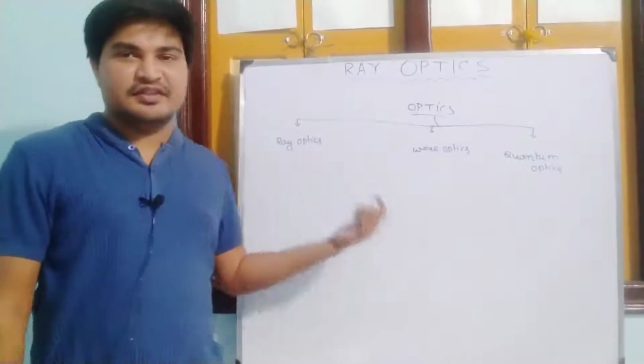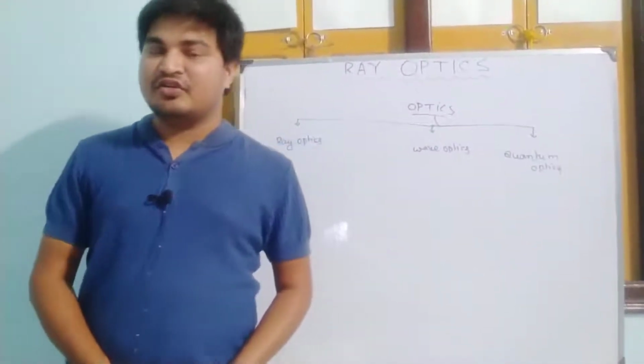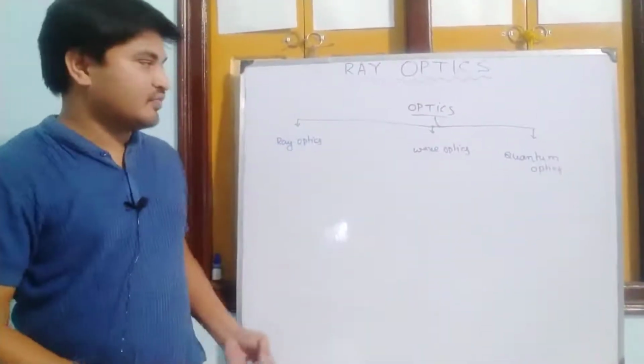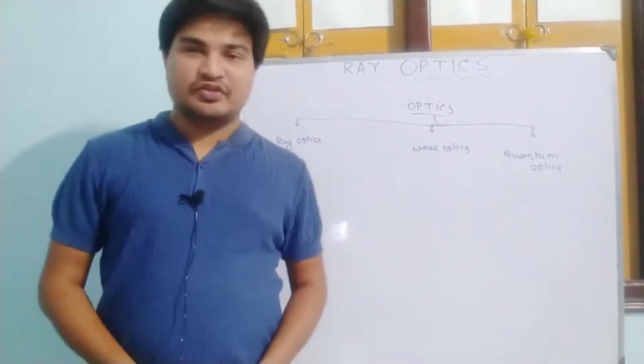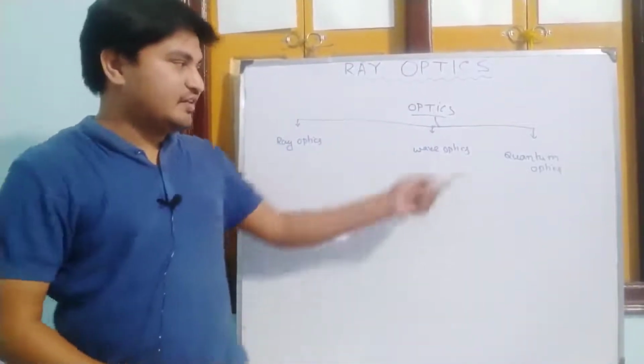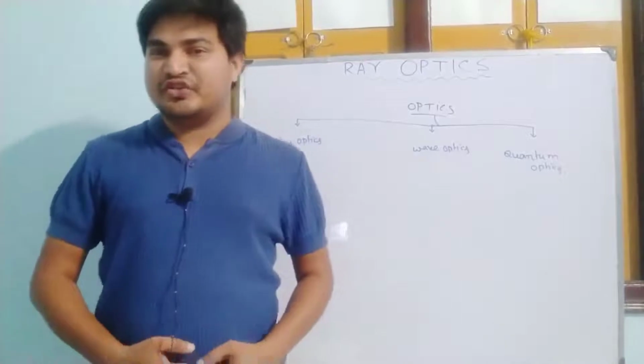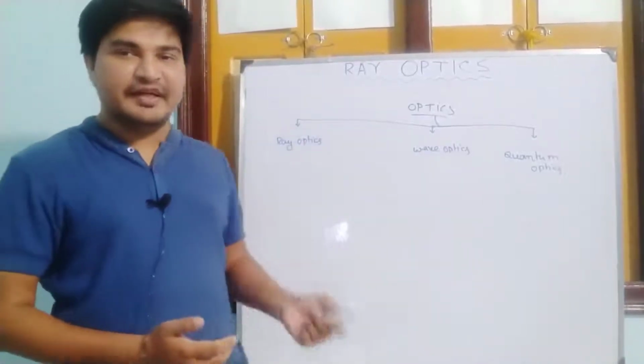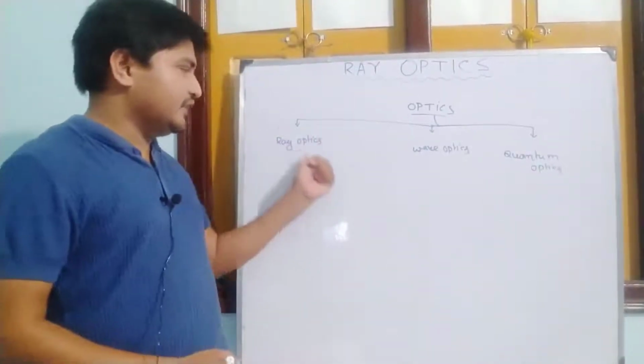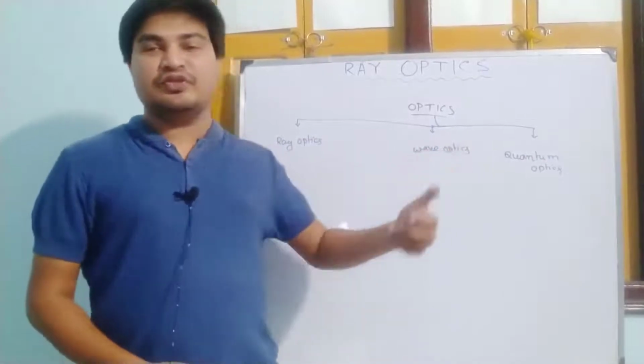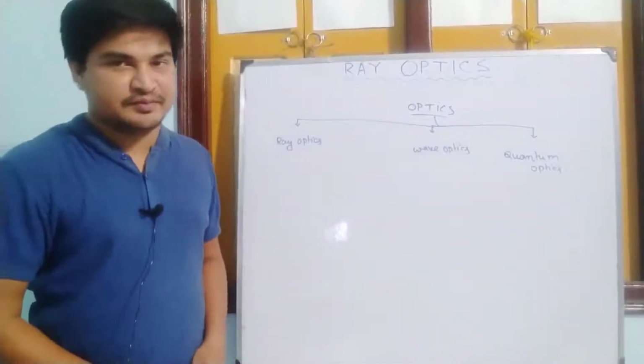Ray optics is the branch of optics where we consider light as a ray. In wave optics, we consider light as a wave, and in quantum optics, we consider light as a particle. Ray optics and wave optics are both part of classical optics.